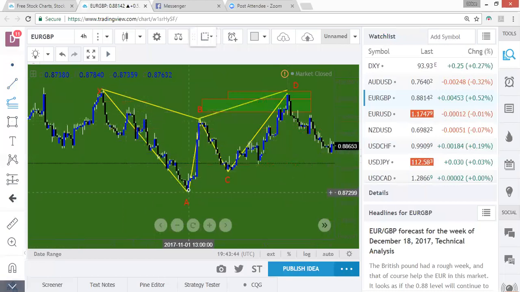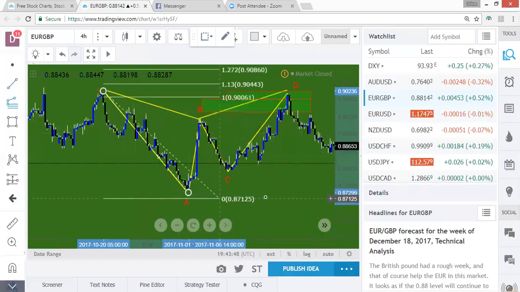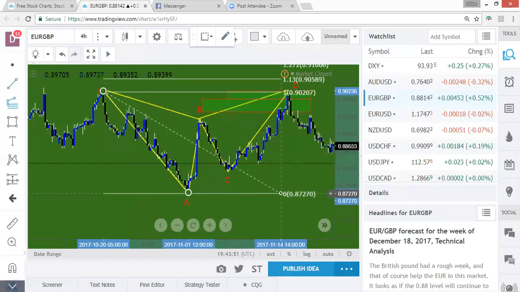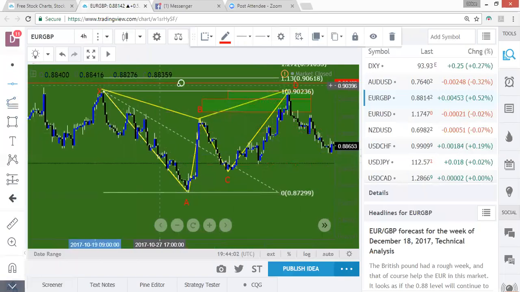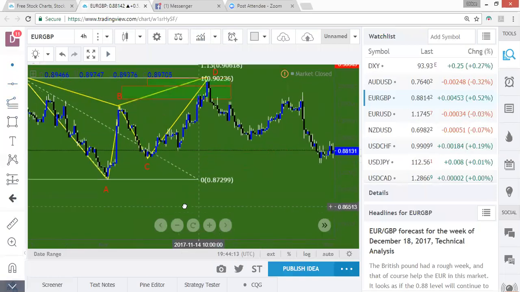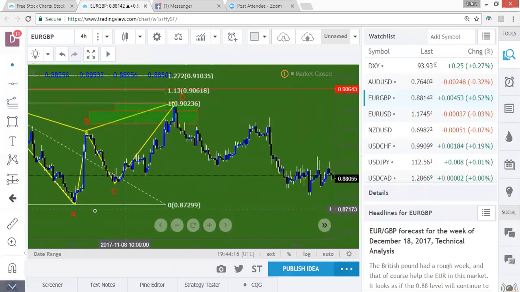Fibonacci extension from A to X, back down to A. We would have been sitting up here right above previous structure. You can see the price never makes it up there, and the market rolls over.